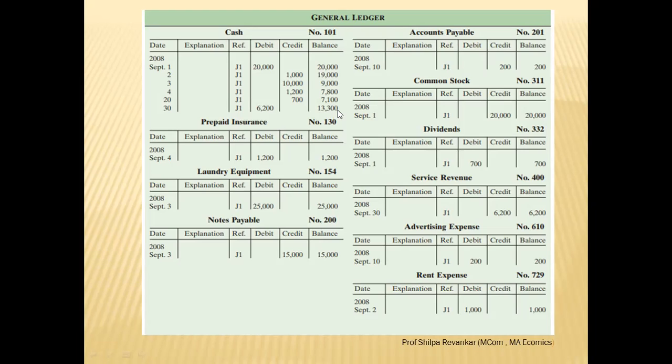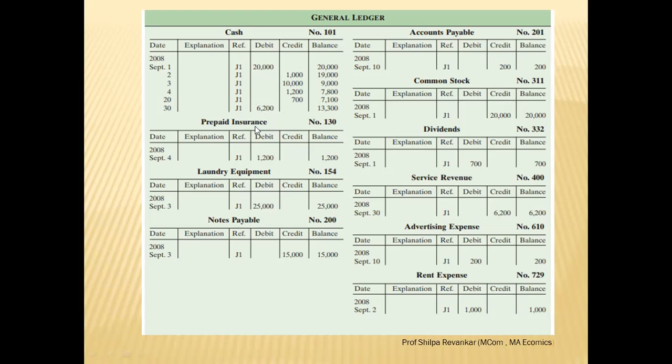So at the end of the month, you have to find out how much balance is there for every account. In cash, we had many items, so we had to total the debit and credit and find out the balance. Now in other accounts, there is only one transaction, either debit or credit. So that itself will be the balance because no other transactions were there in that account.